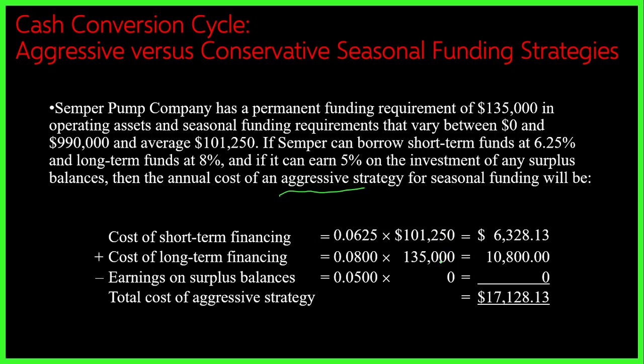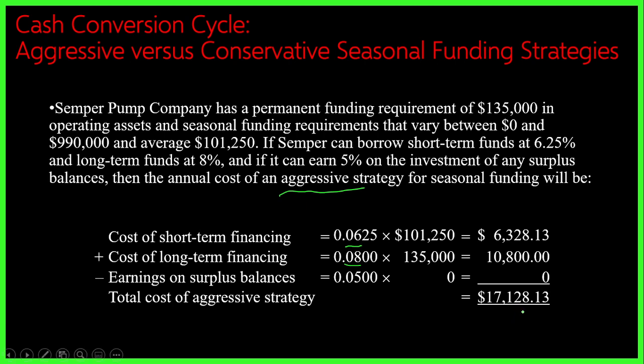So what is now the cost? If you notice, the rate of long-term is higher than short-term. So let's continue. You simply multiply, so the cost of the aggressive strategy is $17,128.